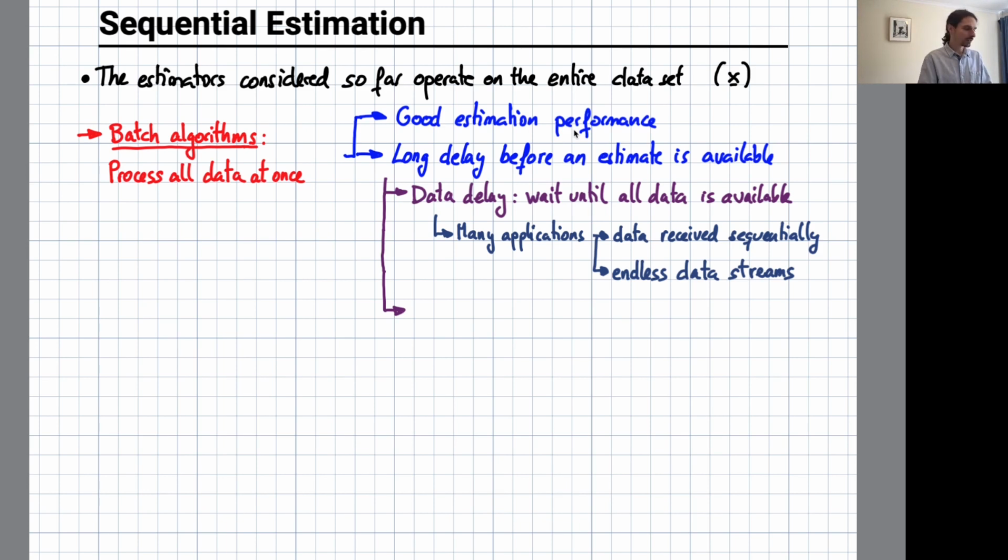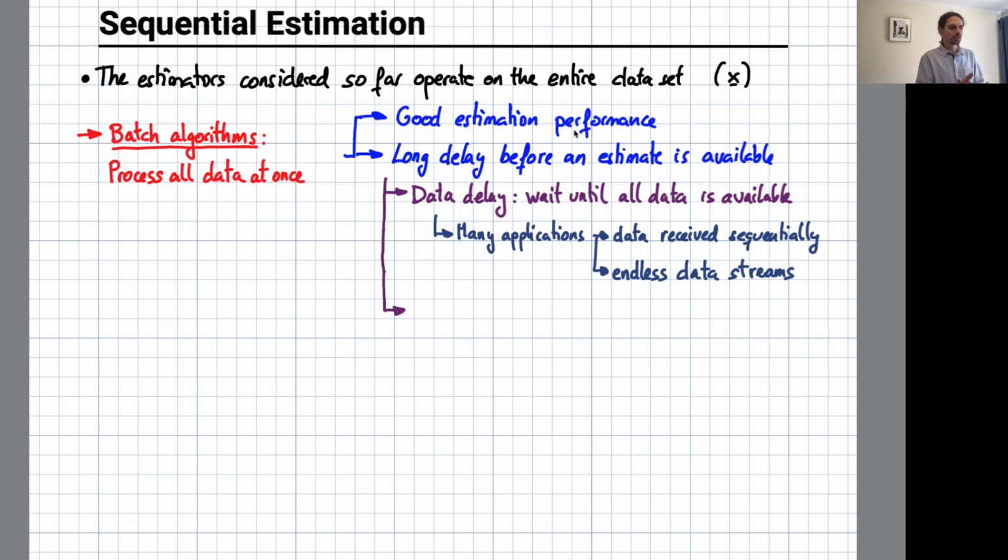These sensors are receiving signals from the satellites, and they need to use them to constantly estimate their location, right? So in principle, the satellites will not stop sending signals. So in this case, it's directly impossible to collect all the data, right? And there are many other examples, right?